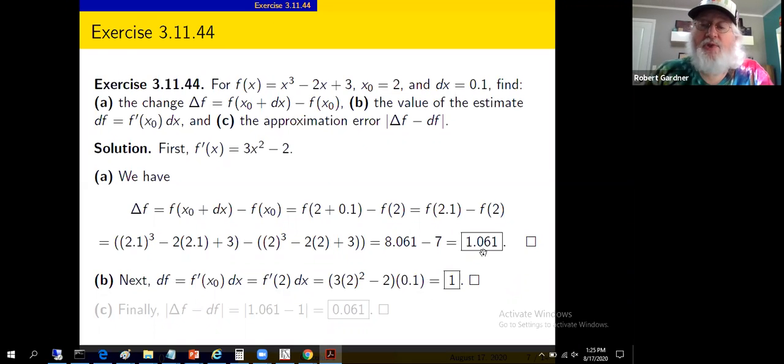So the actual change was 1.061. The estimated change was 1. So not bad. It's like a 6% error-ish. If we take the absolute value of how much it actually changed minus how much we estimated the change, that value is 0.061. Is that good? Is that a little number? Well, it kind of depends on the magnitudes of what you're estimating.